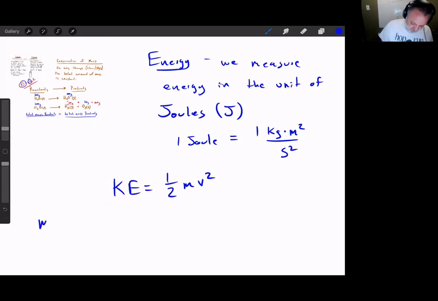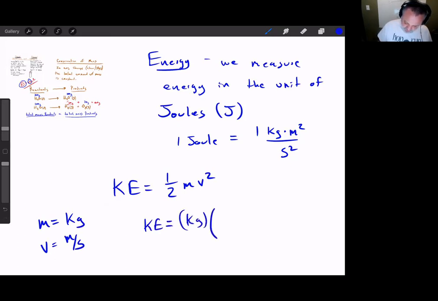Well, the mass should be given as a kilogram. The velocity should be meters per second. So if I take, and I'm just examining the units now, kilogram, and I multiply it by meters over second squared, I get kilogram times meters squared over second squared.